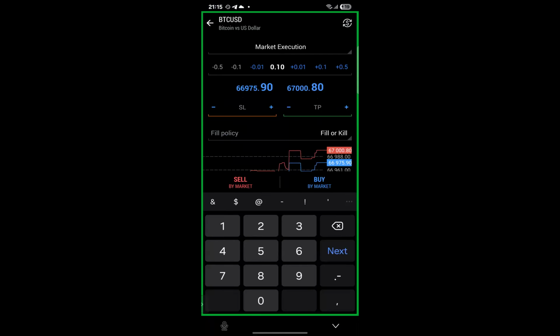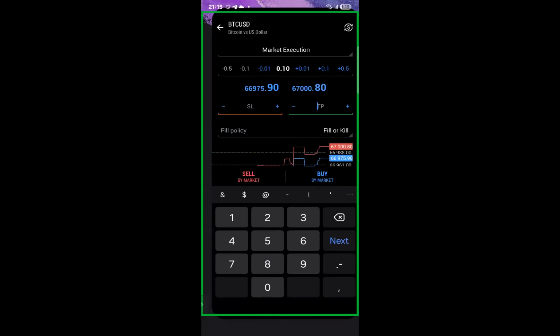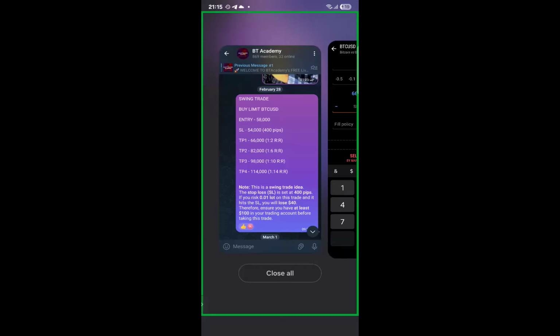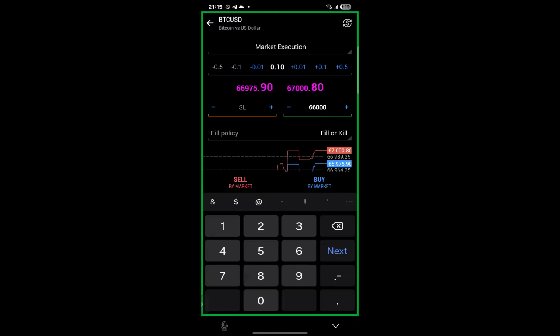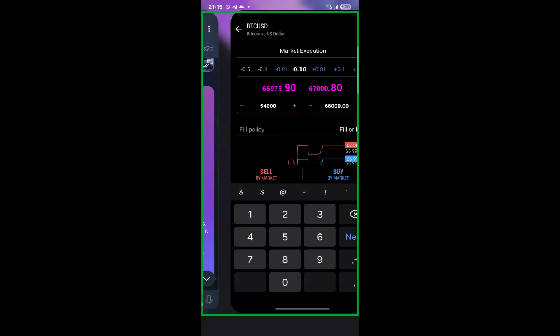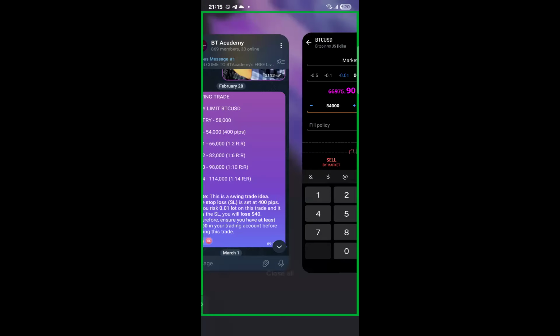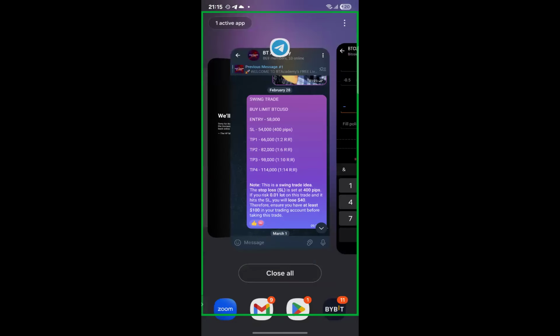Wait, I forgot. TP here is 66,000. Stop loss here is 54,000. And that's basically it. So you see, you don't have to stress about anything. I'll drop the trade for you: the currency pair which you're meant to trade, BTC, USD, whatever, the price, the stop loss, and the TP.